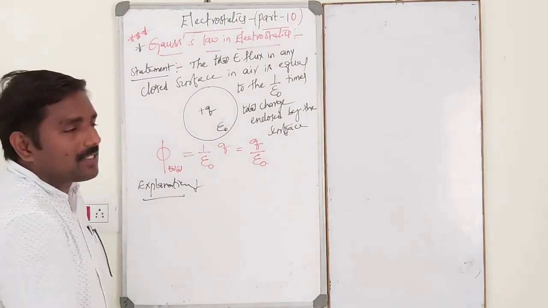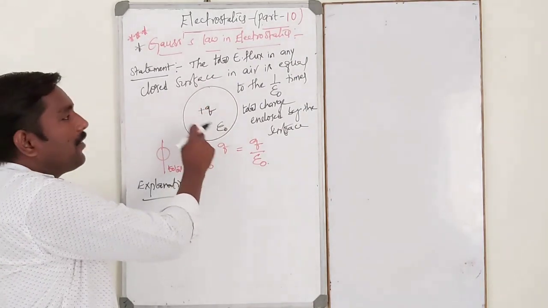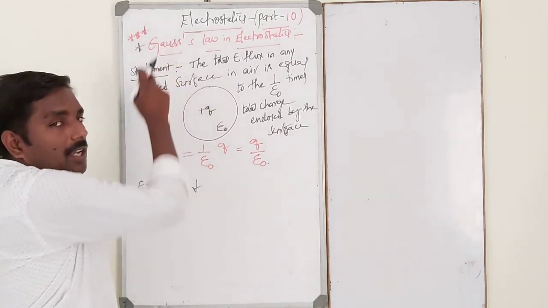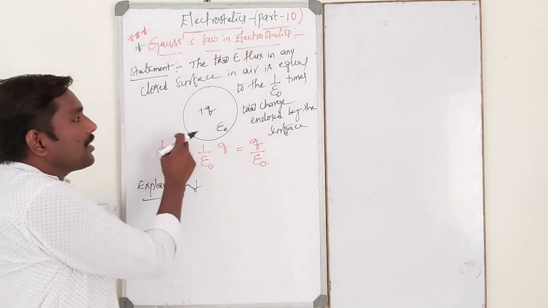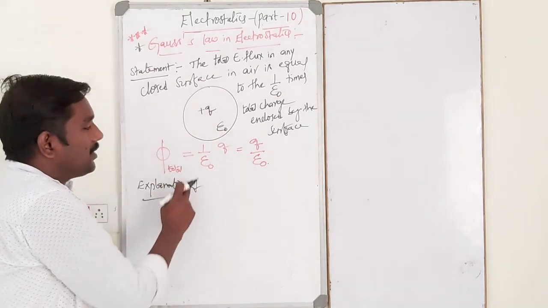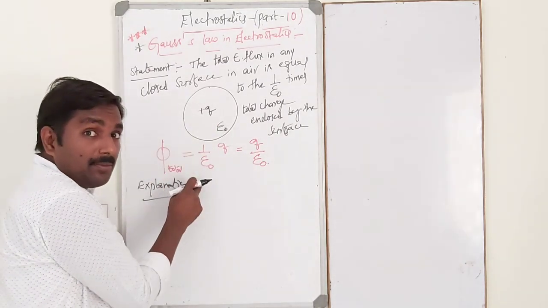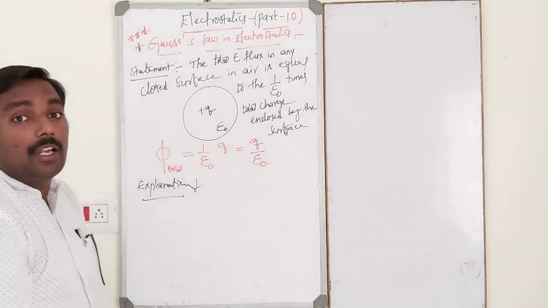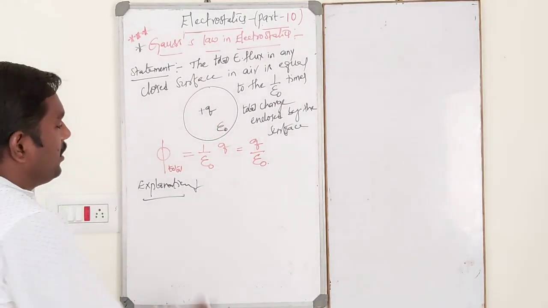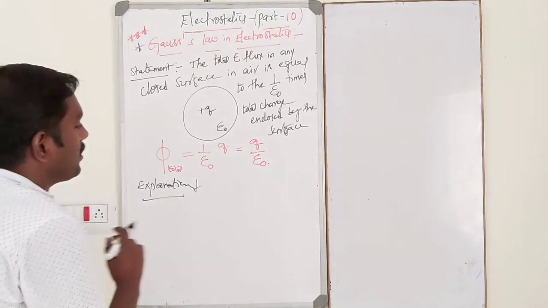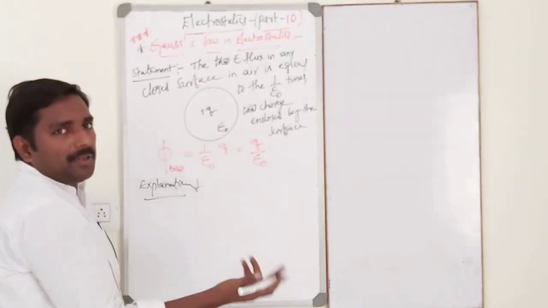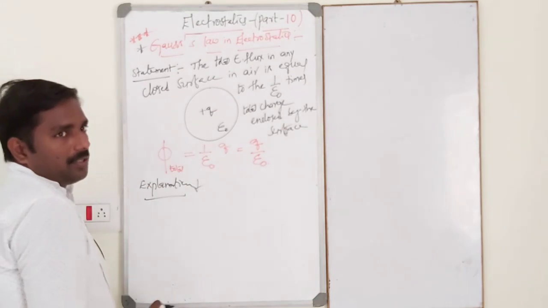I want the electric flux in this surface. Using Gauss law, the total electric flux in this surface is equal to 1 by epsilon naught times the total charge enclosed by the surface. That is the Gauss theorem.